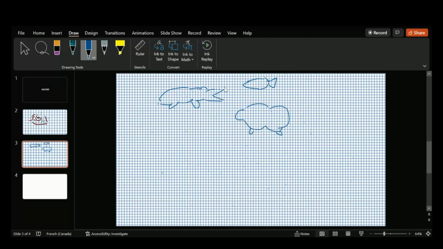So basically the crocodile eats the bigger one. So the greater than would be this one. The hippopotamus is bigger than the crocodile.